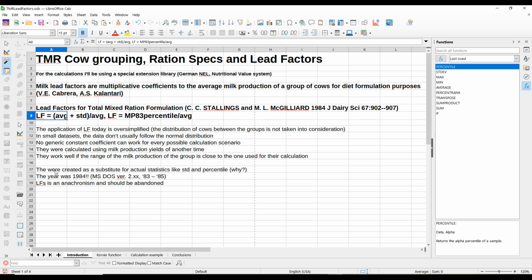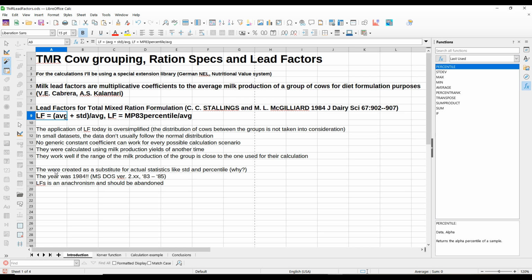A milk lead factor for a group of cows is the average milk production of the group plus one standard deviation over the average milk production of the same group, or alternatively it's the 83rd percentile milk production of the group over the average milk production of that group. Those two formulas should yield the exact same result if the data in our dataset follows the normal distribution, and this is very important.